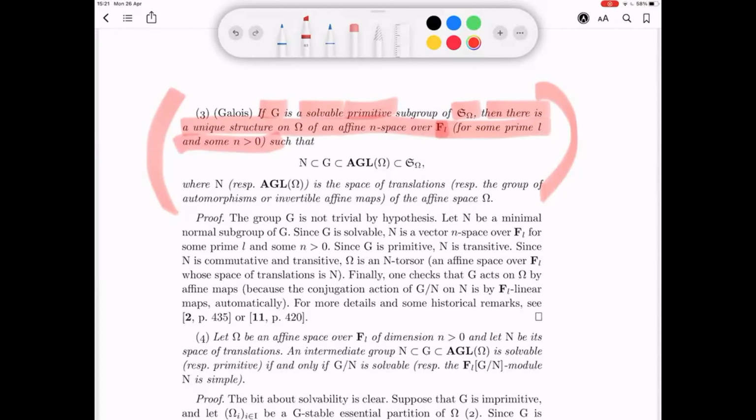So let's try to understand this first. What does it mean for a set to have the structure of an affine n space over F_l? And what is an affine n space anyway? So let's make this digression. Let's talk about affine spaces, right?